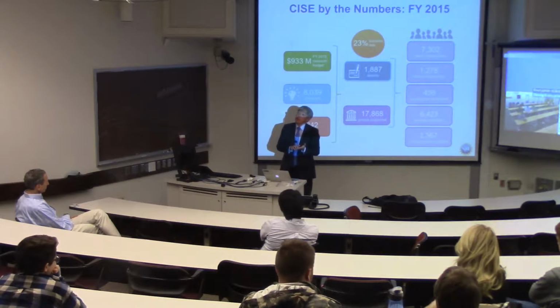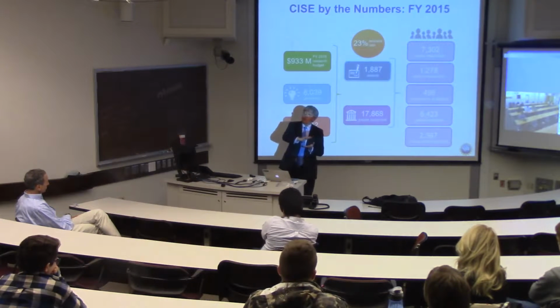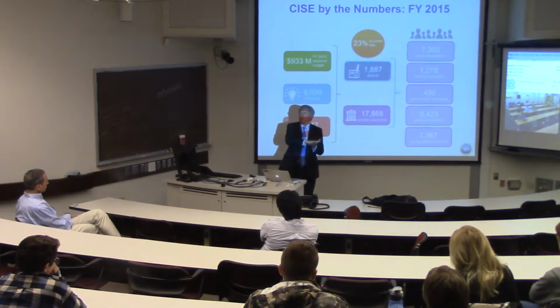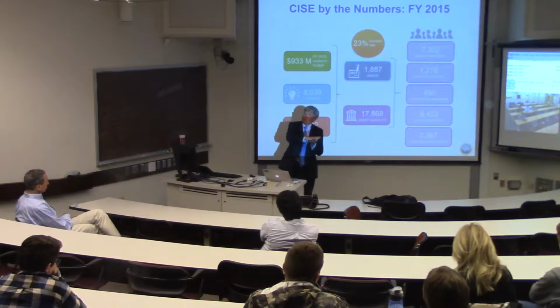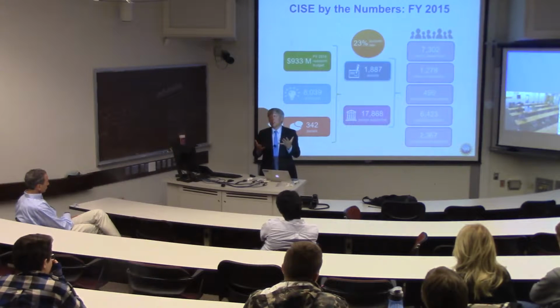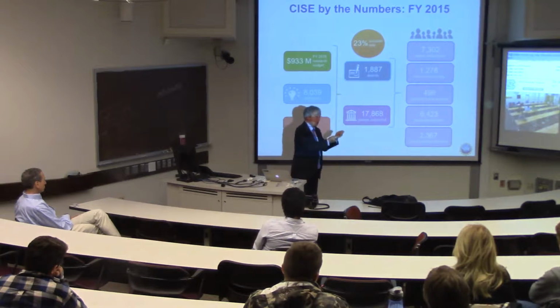Let me tell you, the engineering directorate, for example, even though it's got some of the lowest funding rates in the core programs, has incredible proposal pressure, and the model there tends to be a larger number of smaller grants. So I think what we in CISE, and really all the directorates, do is maintain a balance of these kinds of things, because there are the 3-year small, medium, and large grants, but there are also center-scale grants.